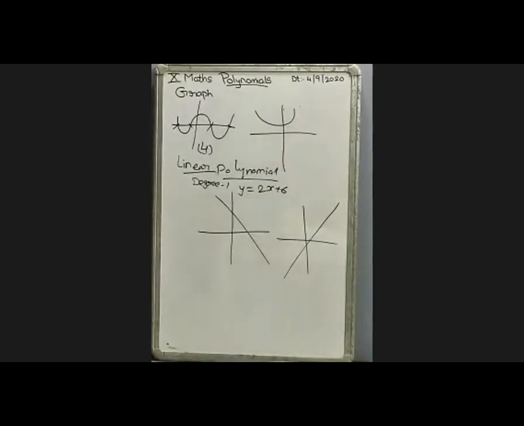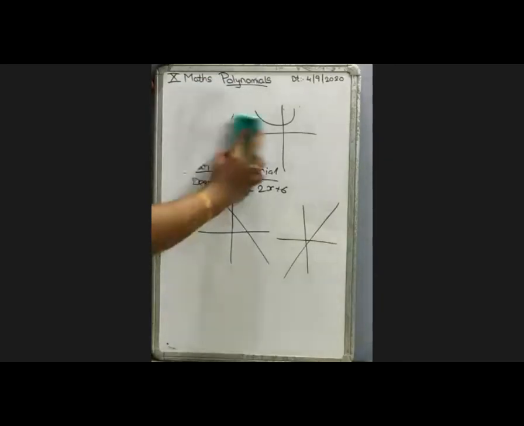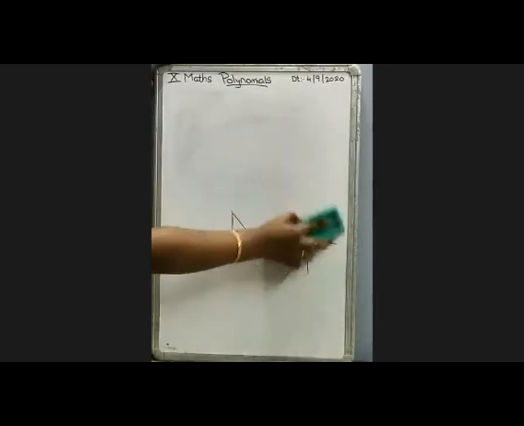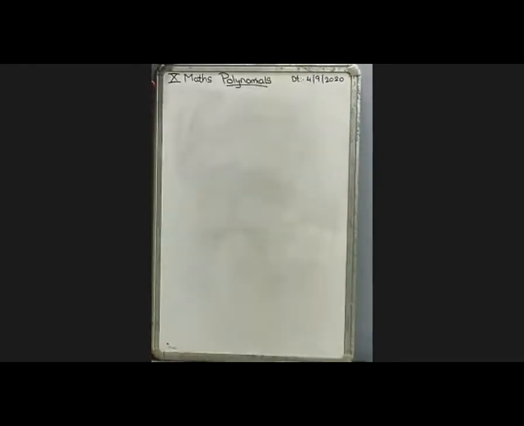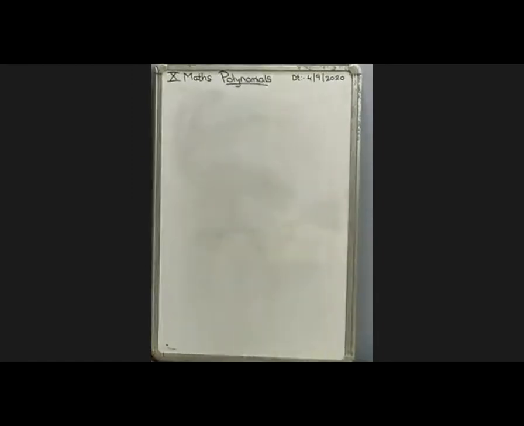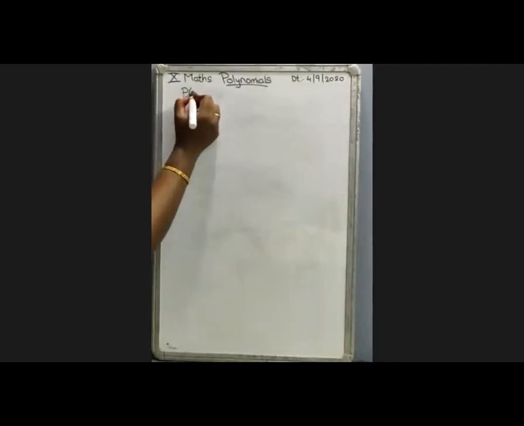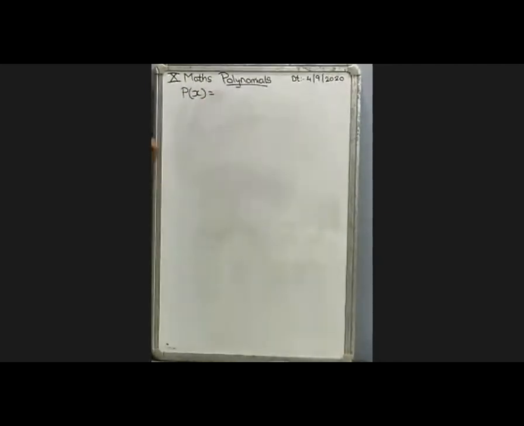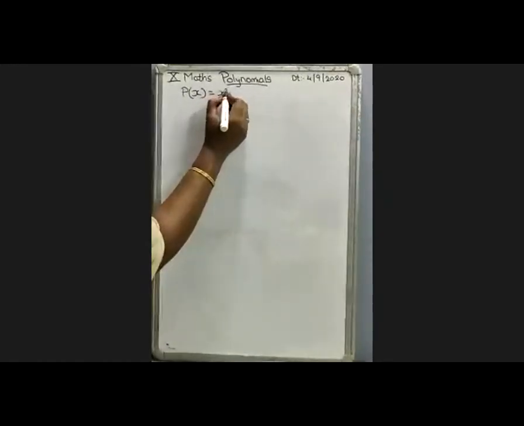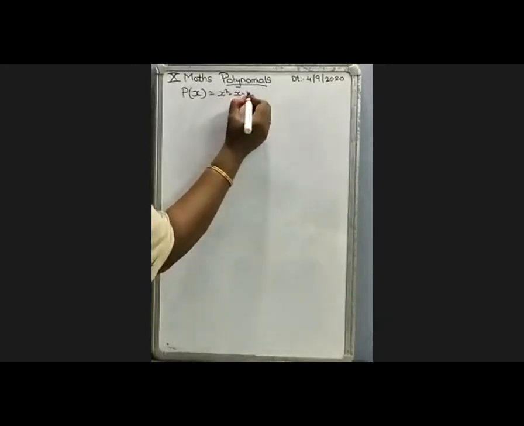Today we'll go to quadratic polynomials. By using the graph we can go to the quadratic, means by using square. Suppose we take one example. P of x equal to x square minus x minus 12.